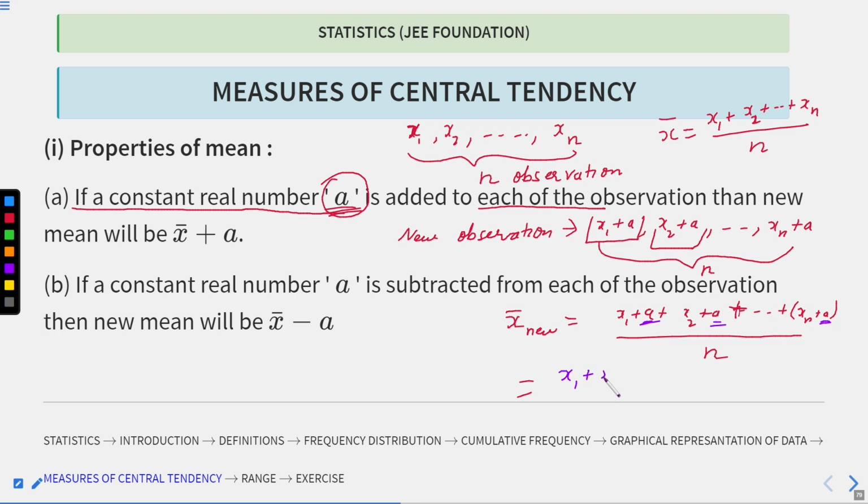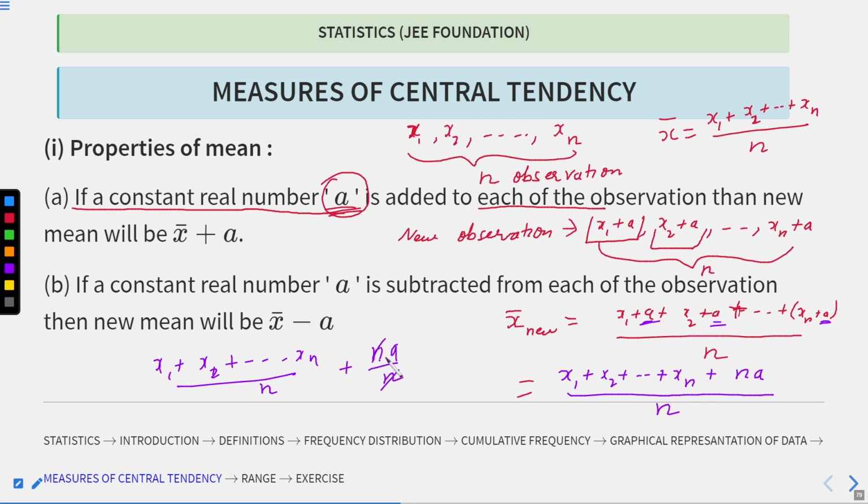So x1 plus x2 and the other terms remain as they are, and a is added n times, divided by n. I just separate them. This will be x1 plus x2 plus till xn by n, plus n times a by n, which gets cancelled.